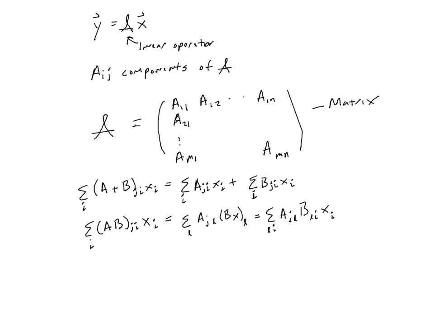For matrix addition, we're just going element by element and adding them together. For matrix multiplication, to get the ji'th element of the combined AB matrix, you take the jth row from A and the ith column from B. So the number of columns in A has to equal the number of rows in B in order to even do this operation, because otherwise the l's don't line up.